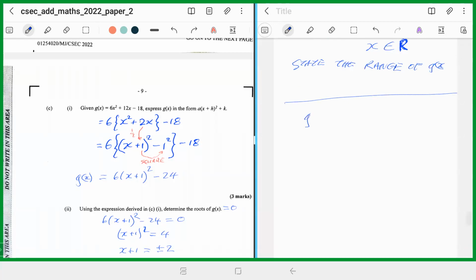So same function, g of x equals 6x squared plus 12x minus 18, on the domain now that x is greater than or equal to negative 3, less than or equal to, say, 4. What is my range? What is the range?